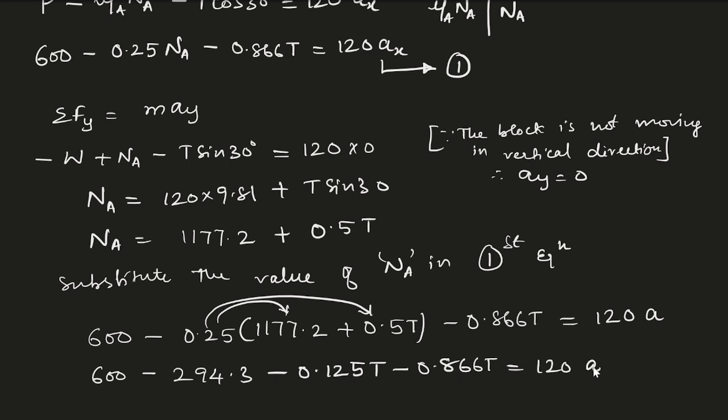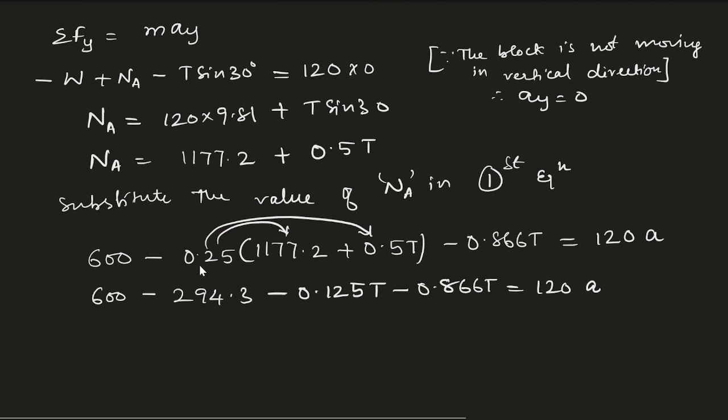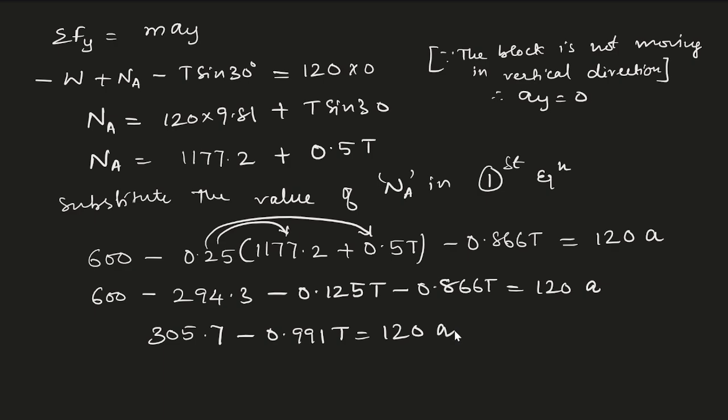So here if you see, 600 minus 294.3 is equal to 305.7, and minus 0.125 minus 0.866, it's minus 0.991 T. This is equal to 120a.